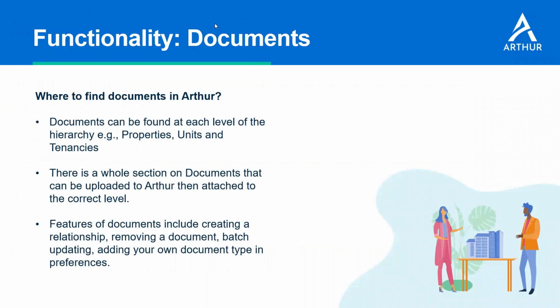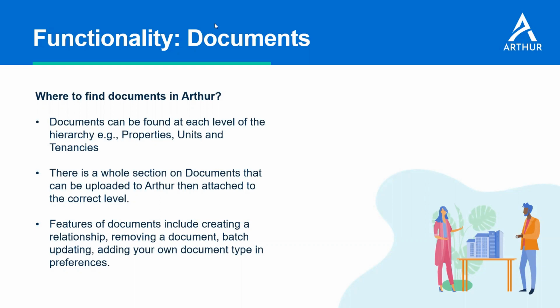So in terms of documents, documents can be found at each level of the hierarchy, okay? So if you go into your properties, your units or your tenancies, there will be a section called documents within that hierarchy. And then we also have a whole section called documents where you can upload a document and actually enter the relationship where that document will lie. Either of those is absolutely fine.